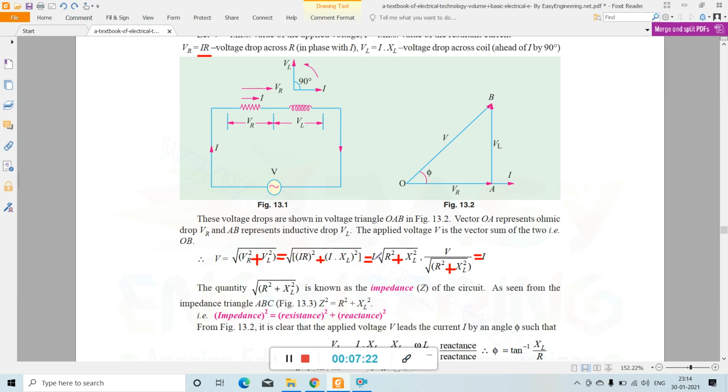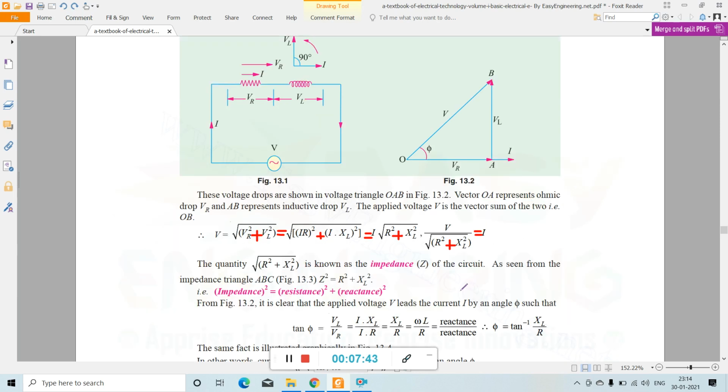So if we take I common, then V is I into the square root of R square plus XL square. So we can write V divided by the square root of R square plus XL square is equal to I. This quantity, the square root of R square plus XL square, is known as the impedance Z of this circuit.